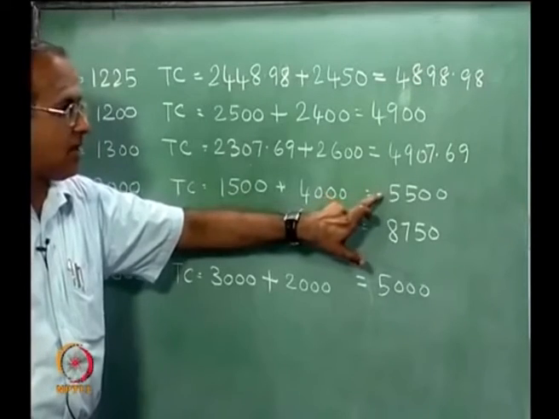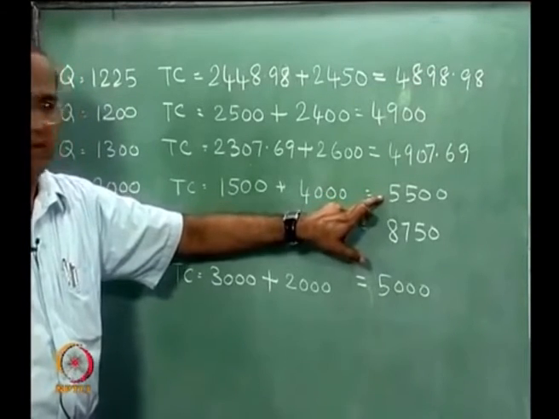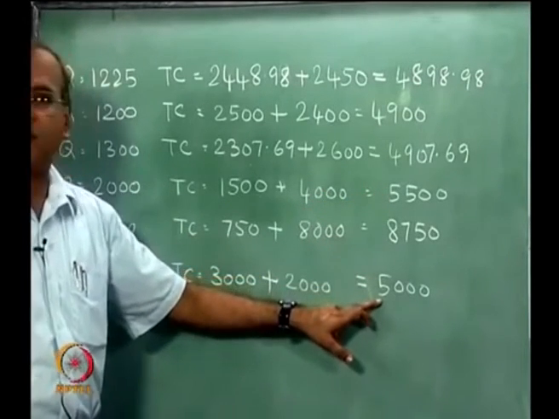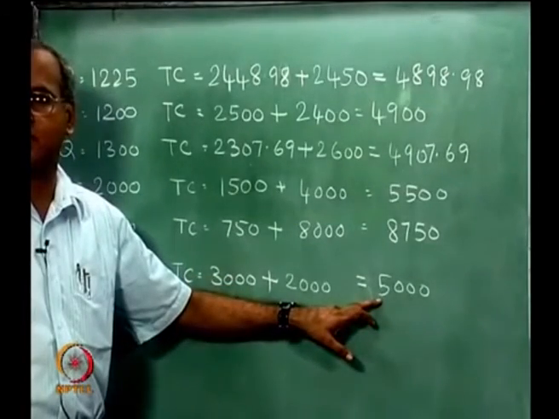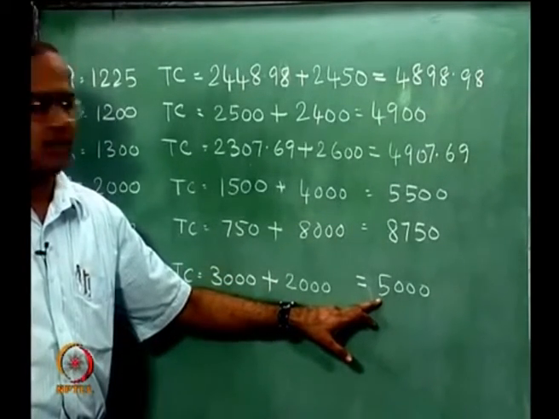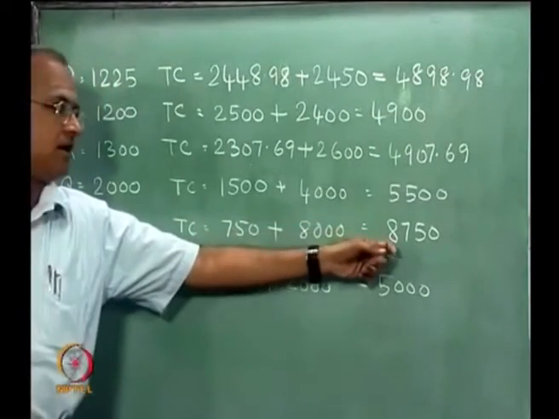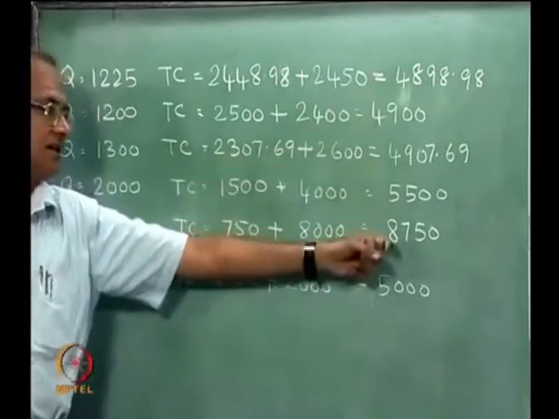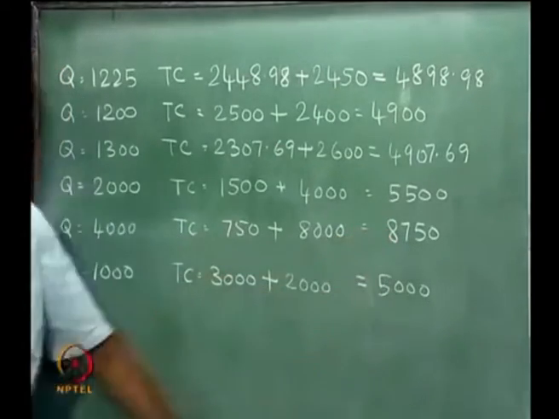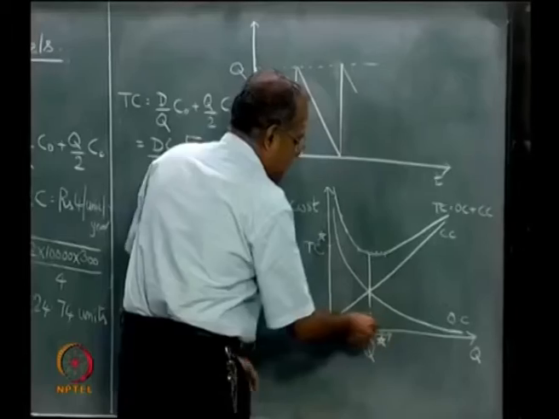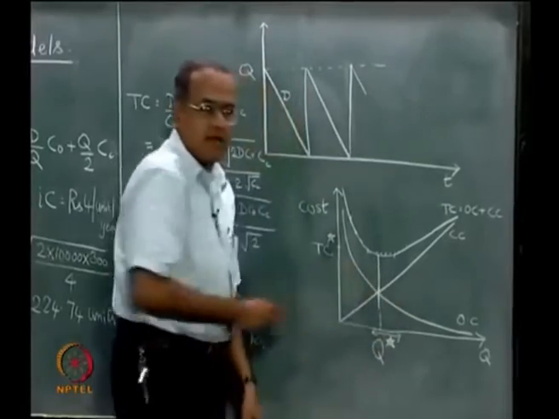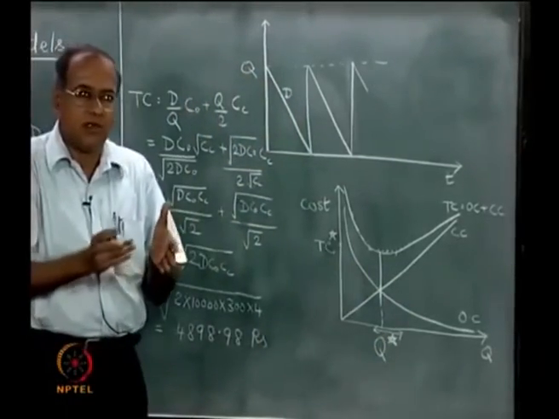You are now talking of the order of 10% here. Here you are still not talking of the order of 10%, you are still talking of the order of 2% here. And if you really increase it to 4000, this is where you are talking of a very large increase of nearly 70–80%.